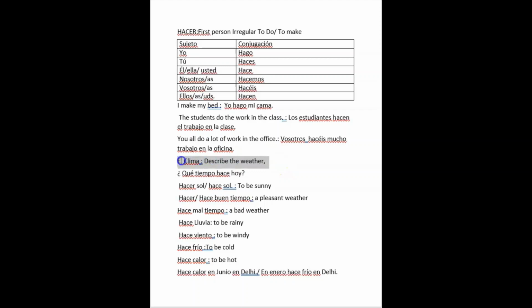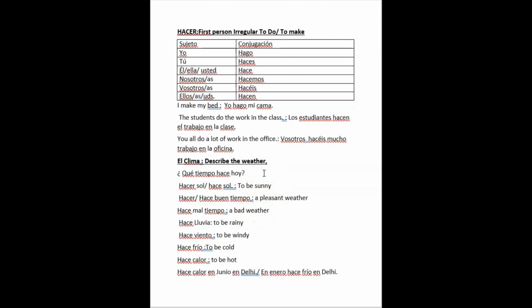To describe the weather, we always use the verb hacer. Because the weather is about nature, we always conjugate the verb in third person singular.